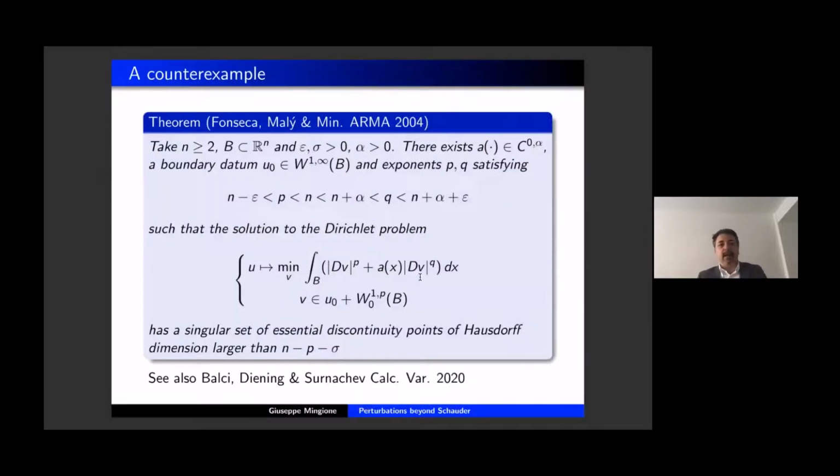But there is this counterexample that is due to Irene Fonseca, Jan Malý, and myself, where we show the following: we take this functional, we can also get a non-degenerate version of it, which is smooth with respect to the gradient variable. We take a Lipschitz boundary data.